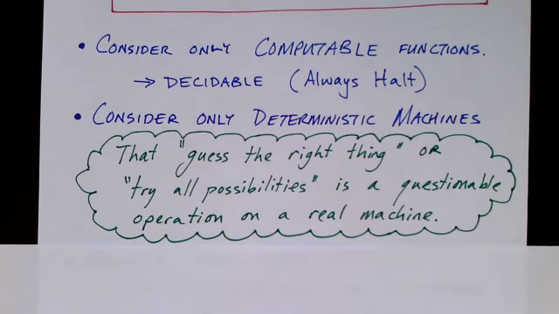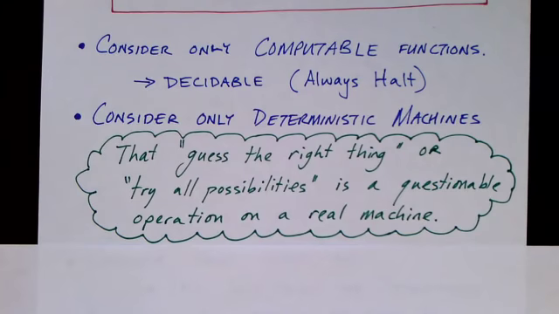We have talked in other videos about non-deterministic machines, and they have this wonderful ability to guess the right thing or try all possibilities. But this is a questionable operation and something that you don't see in real machines. So we're not going to consider non-deterministic machines, at least in the beginning here.